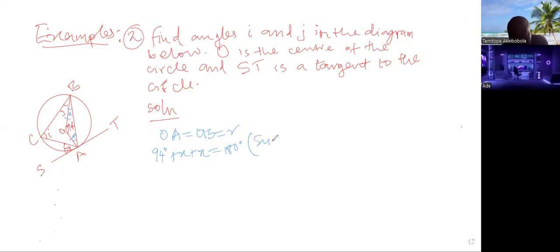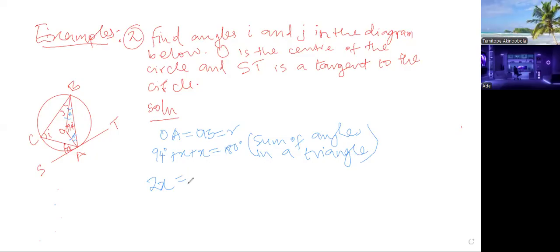That will now give us 2X equals 180 minus 94, that will be 86. So X equals 86 divided by 2, 43. So that means this angle here is 43.